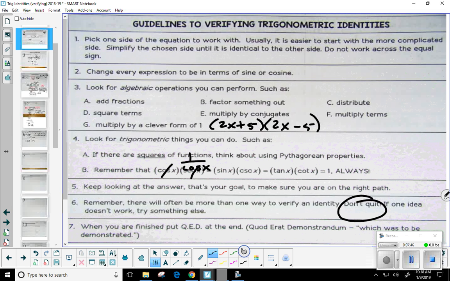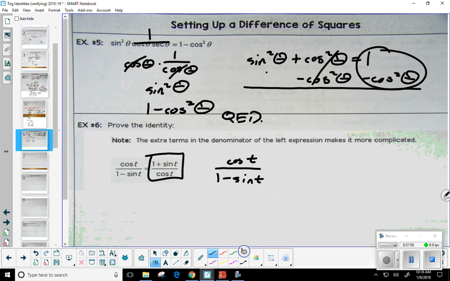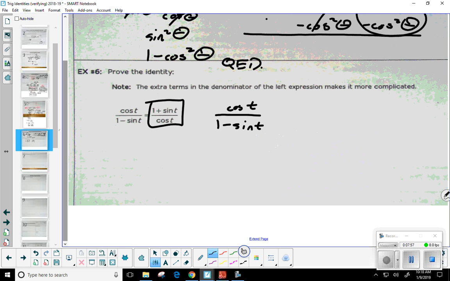So part of it's going to be the opposite, so you're on the right track. The first terms are going to be the same. It's the second terms that are opposites, right? So if I have 1 minus sine of t, what's its conjugate? 1 plus sine of t. There we go.